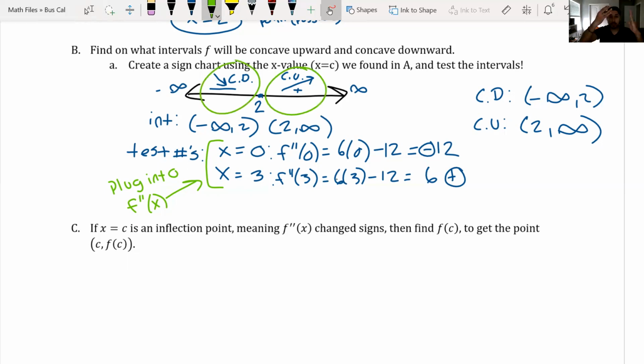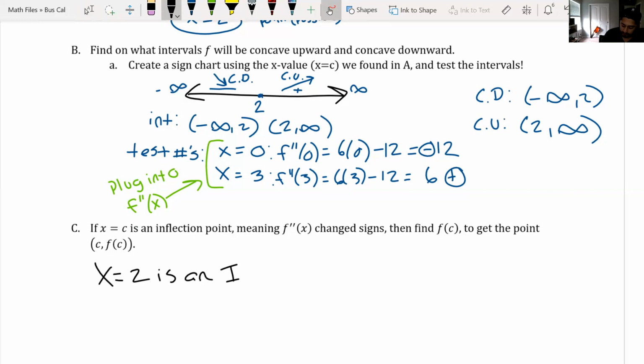We went from concave down to concave up. This means that x equals 2 is an inflection point.